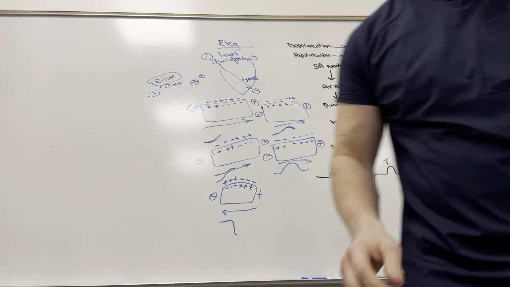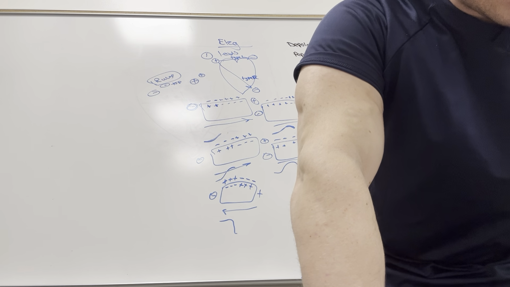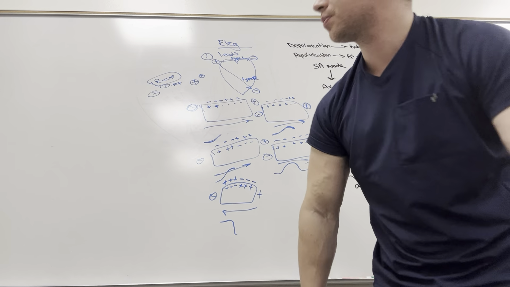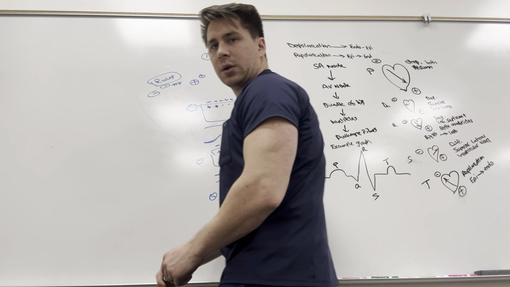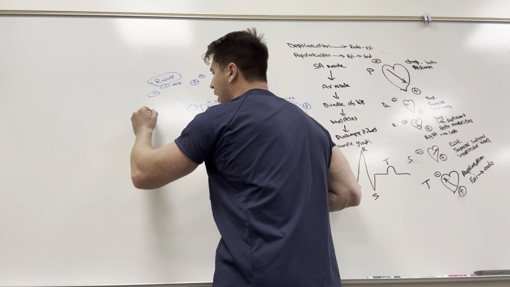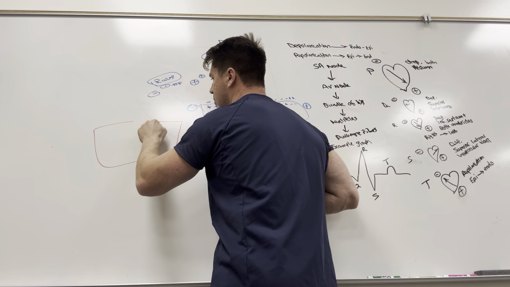Cool. Well, I think that's everything for that part. I did want to mention something about cardiac muscle contraction. Maybe I can do that over here. So what we end up having is cardiac muscle contraction.